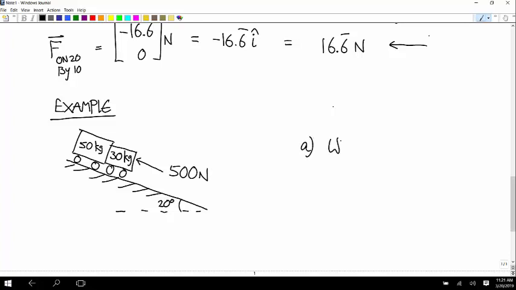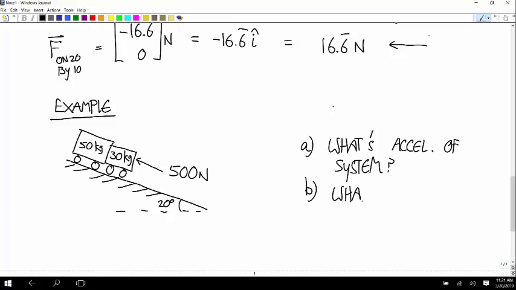So first, what's the acceleration of the system? And second, what's the force applied to the 30 kilogram by the 50 kilogram? So on the 30 by the 50.